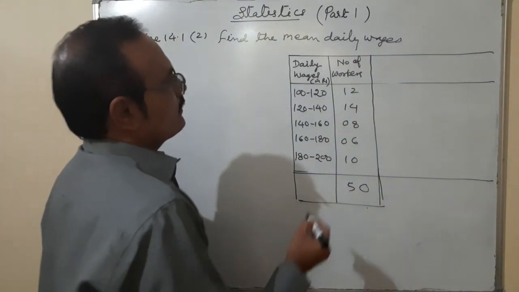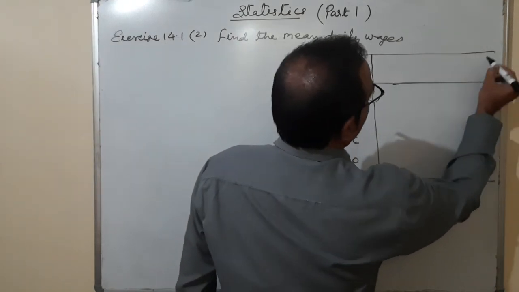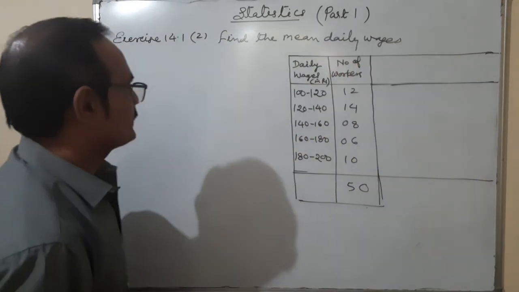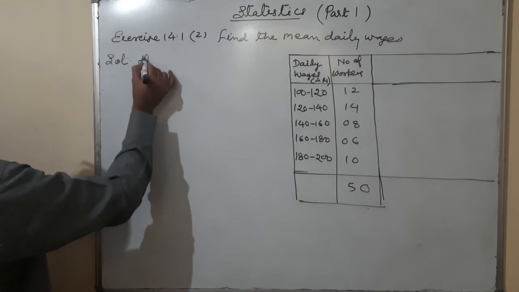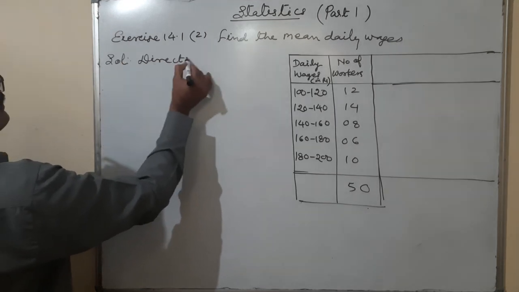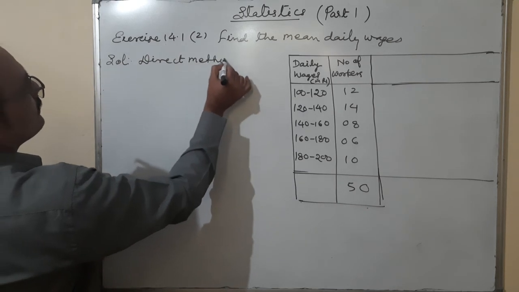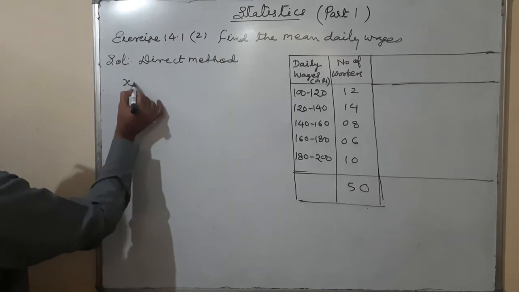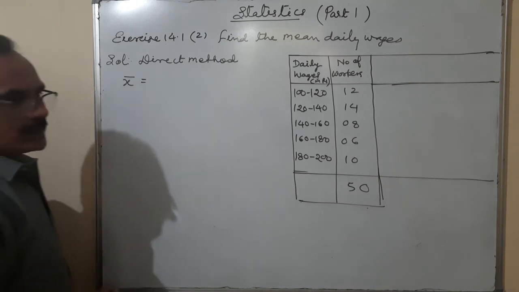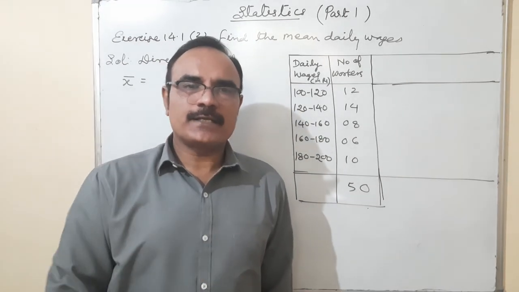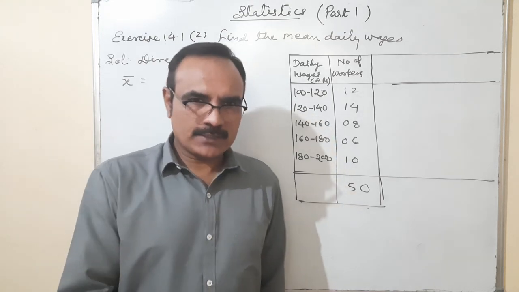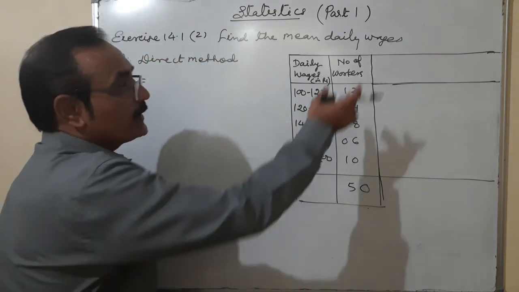For finding the mean daily wages, we use the direct method. What is the direct method? My suggestion to everyone: whichever method you apply, first write the formula of that method, so that you know how many columns are required.